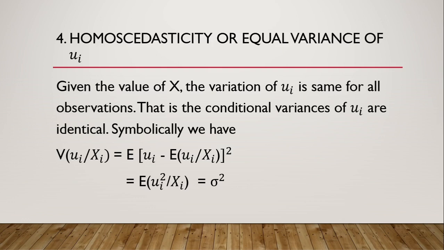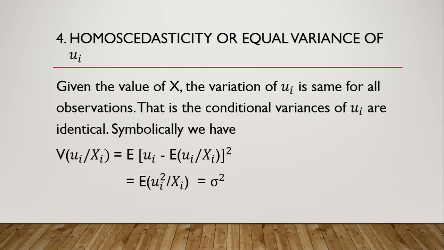With the help of symbols, we can write like this: variance of ui for a given value of xi is equal to expectation of ui minus expectation of ui for a given value of xi, the whole square. From the last assumption, we know that the expected value of ui is equal to 0. We have already assumed that the expected value of ui is 0. So that term becomes 0.